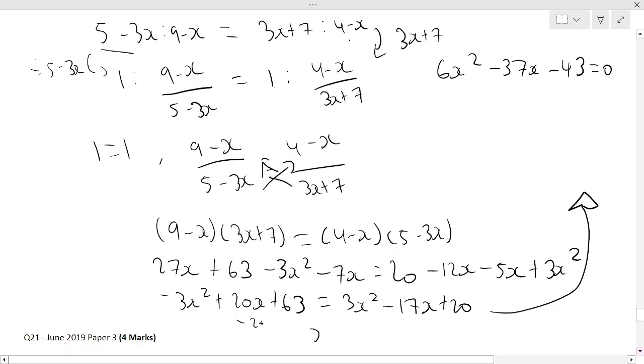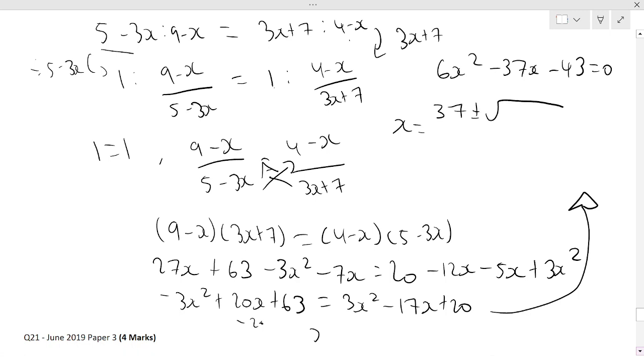And I think probably the best way is the quadratic formula, if you don't want to waste time on it anyway. So the quadratic formula: minus b, which is plus 37, plus or minus the square root of b squared, which is minus 37 squared, minus 4 lots of a, which is 6, and c, which is minus 43, all over 2 times 6.